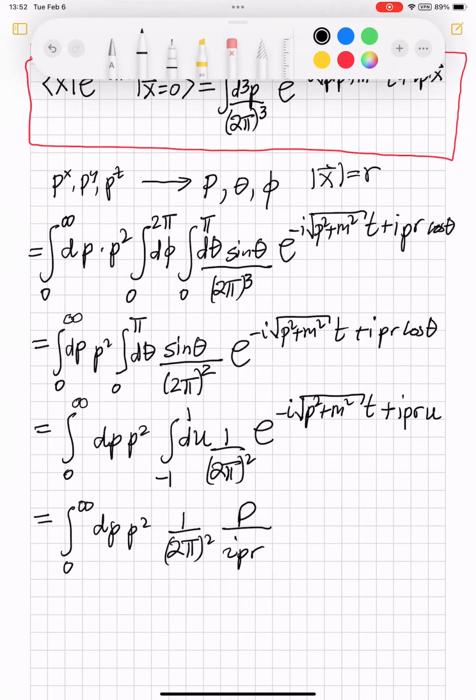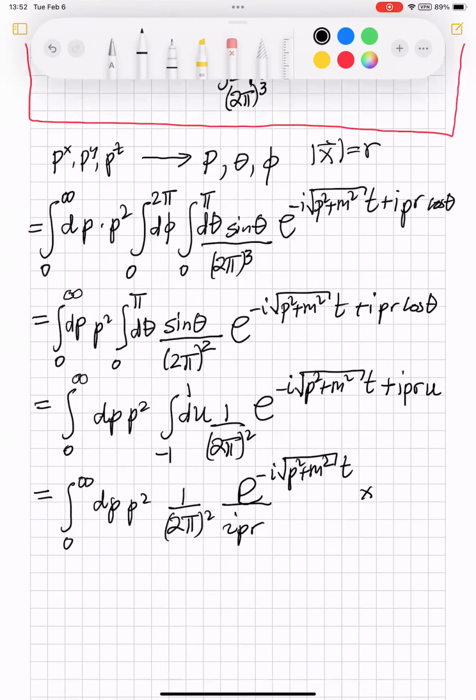So let me pull this exponential out, e to the minus i square root of p squared plus m squared t, multiplied by e to the iPr, that's when I plugged in u equal to 1, minus e to the minus iPr. And I just have a single integral left to do.